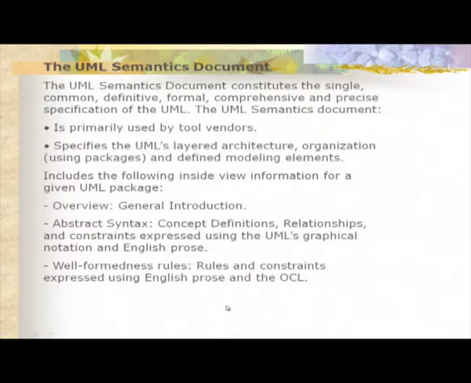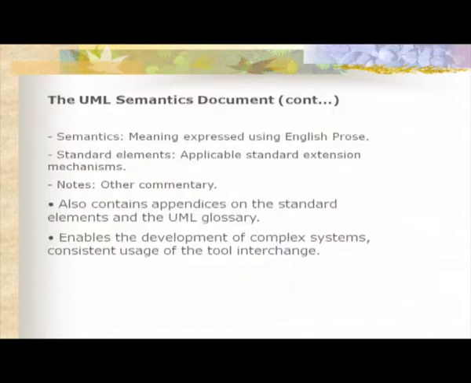It includes the following inside view information for a given UML package: general introduction, concept definitions, relationships and constraints expressed using UML's graphical notation and English prose. Well-formedness rules, rules and constraints.